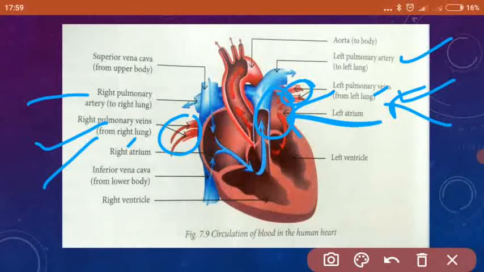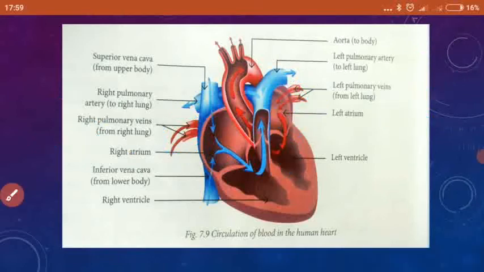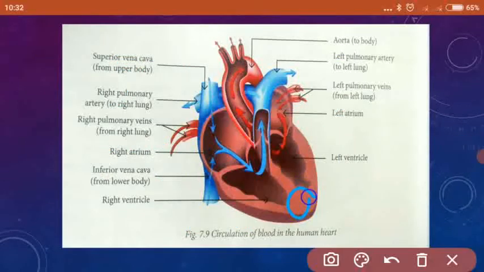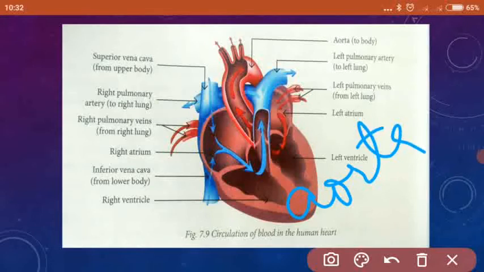Then the left atrium will contract and the blood will flow into the left ventricle. And from the left ventricle, the blood is pushed into the aorta. Aorta is the main and the largest artery, or we can say the largest vessel.